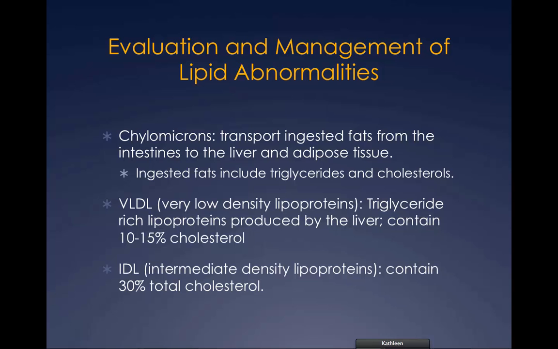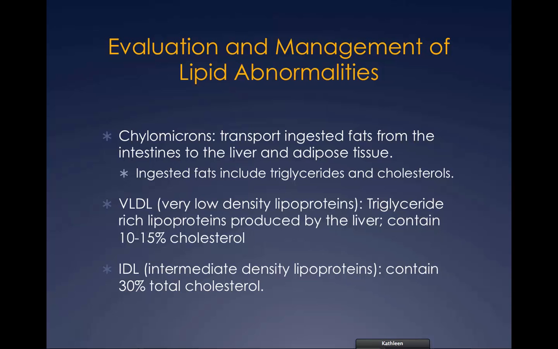The chylomicrons enter the bloodstream at the hepatic duct and transport triglycerides to the liver and to adipose tissue. In the adipose tissue, the chylomicrons have triglycerides absorbed as glycerols and fatty acids for storage.